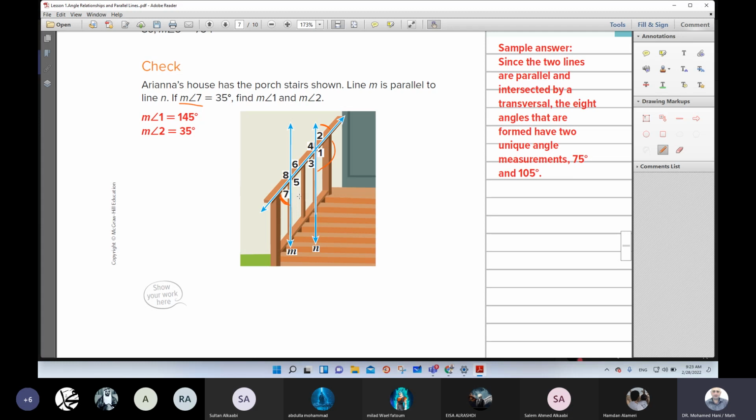Alternate exterior angles will be congruent. So if angle 7 is 35, angle 2 will be 35. And how to find angle 1? 1 and 2 are supplementary. 180 minus 35 will be 145.